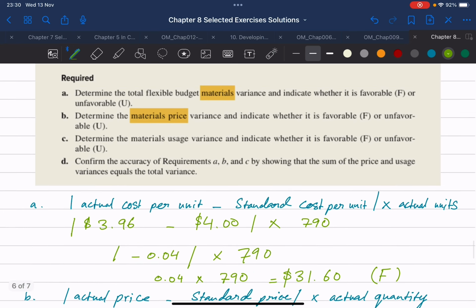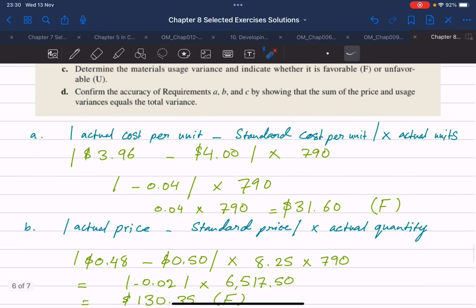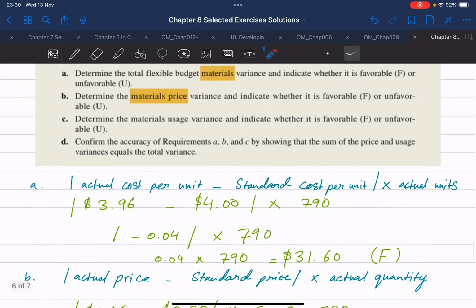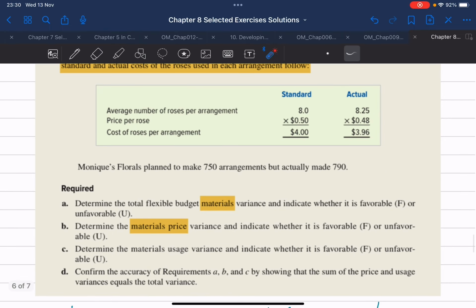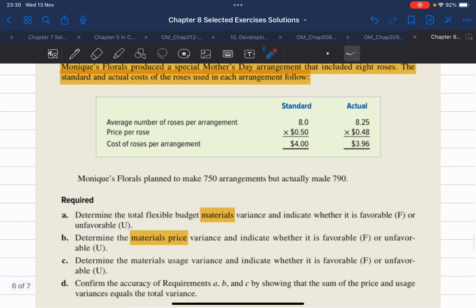Part C, determine the materials usage variance and indicate whether it is favorable F or unfavorable U. So now we want to see the difference or the variance that was driven by the difference in the number of roses used. Remember, the standard number of roses to be used is 8, but the actual that Monique had to use is 8.25.